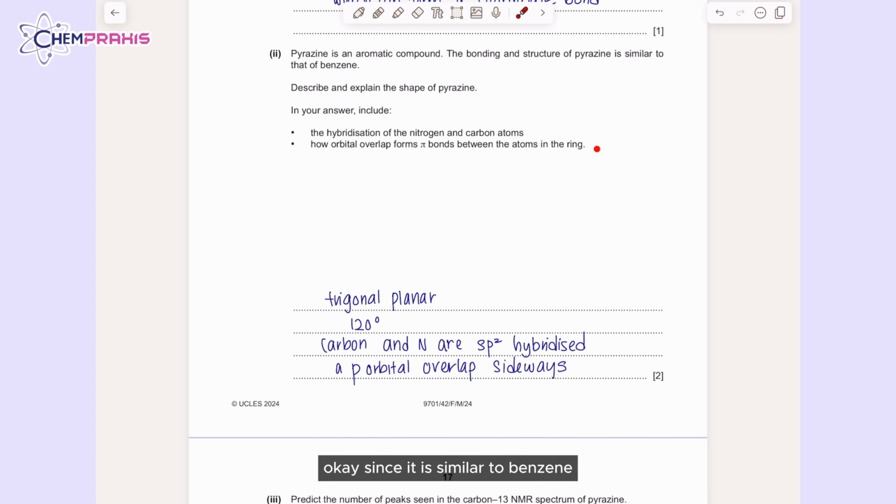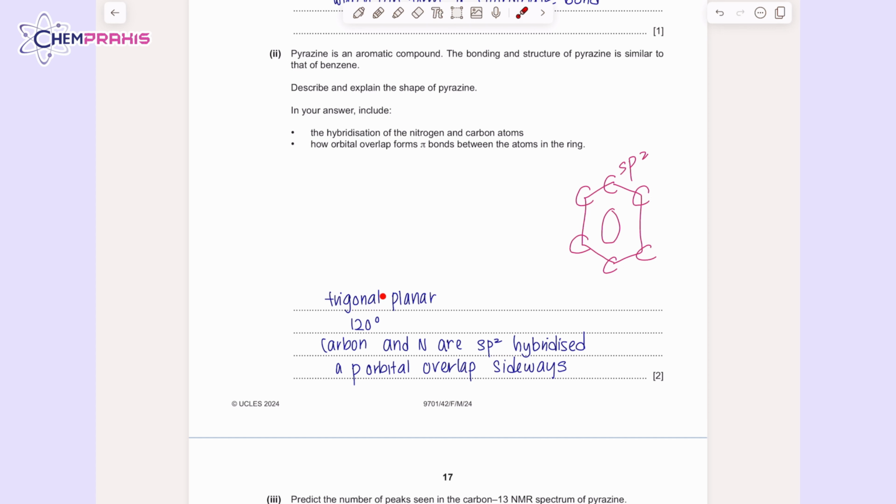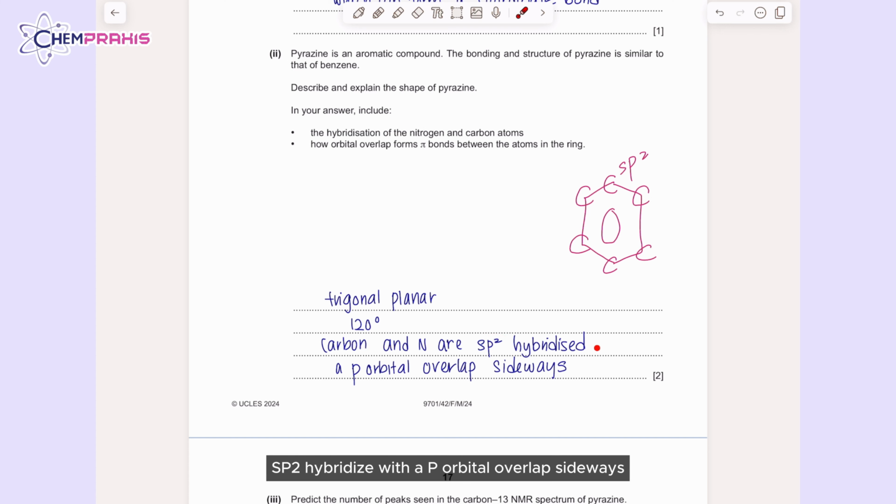Okay, since it is similar to benzene, you need to know that for benzene, they are usually sp2 hybridized, because every single carbon in the benzene ring has double bonds. So if this is sp2, then the shape will be trigonal planar. The angle will be 120 degrees, and the carbon and nitrogen atoms are sp2 hybridized with p orbitals overlapping sideways.